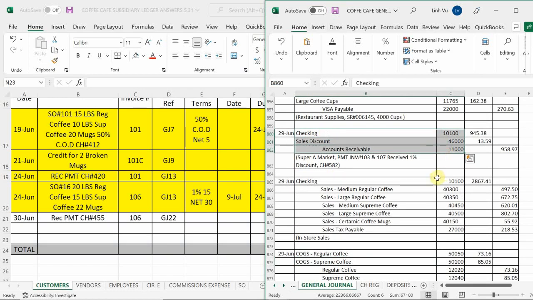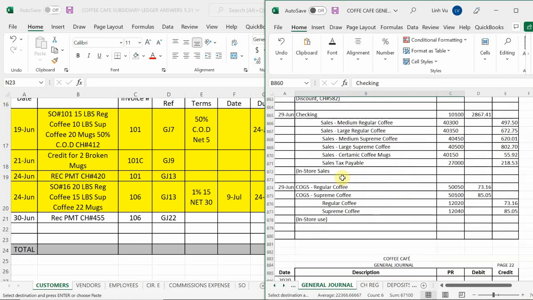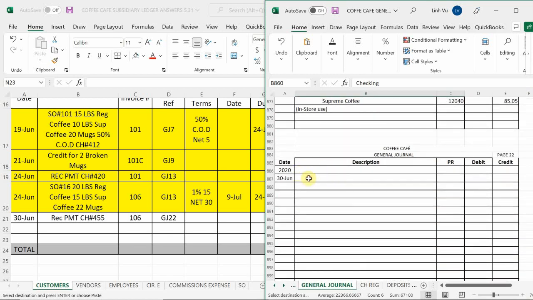Right? We experienced this previously with Super A Market here. So I'm going to copy and paste it down here because we received a check. We're giving a discount and she owes us X amount of dollars.